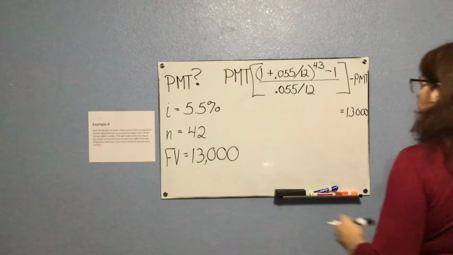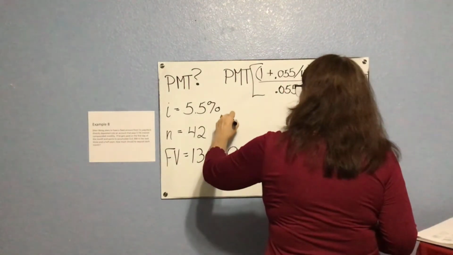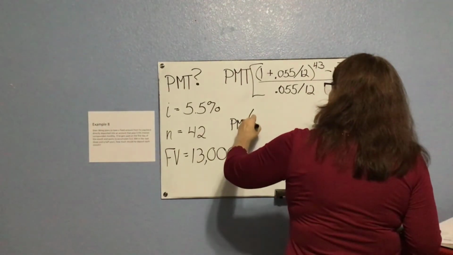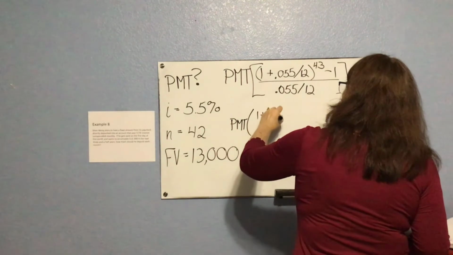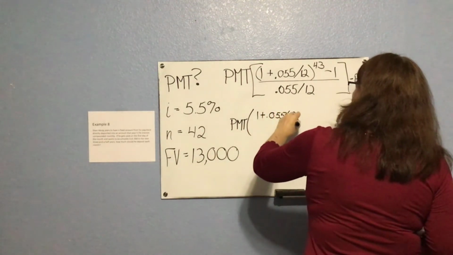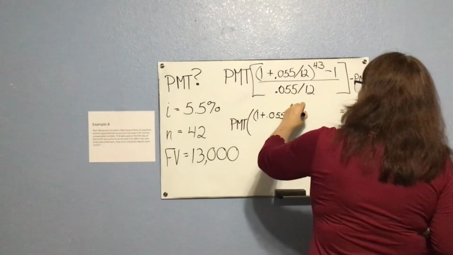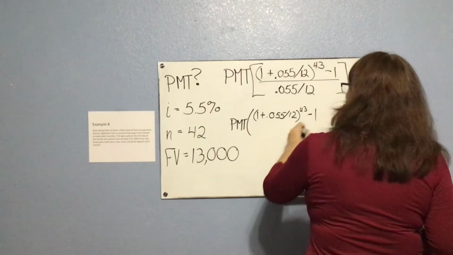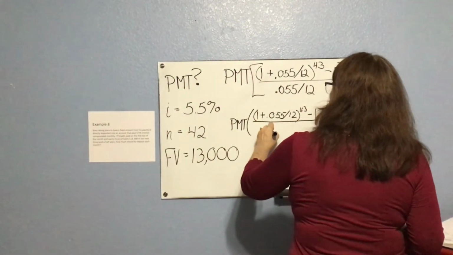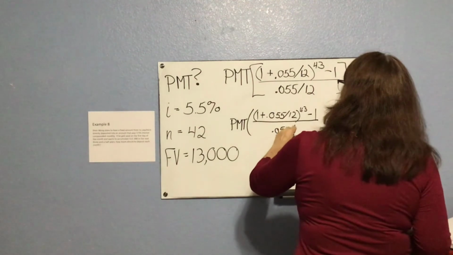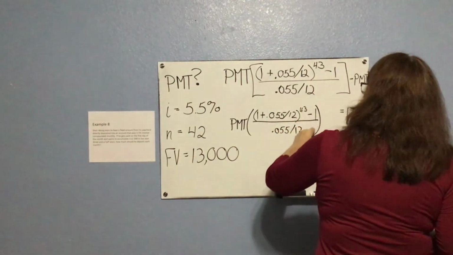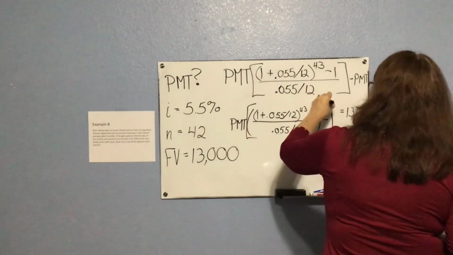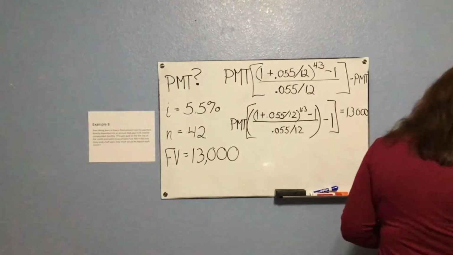Okay, so I can take the payment out here. And I have 1 plus 0.055 over 12 to the 43rd power minus 1 over 0.055 over 12, and this whole thing minus 1, because I'm factoring out that payment.